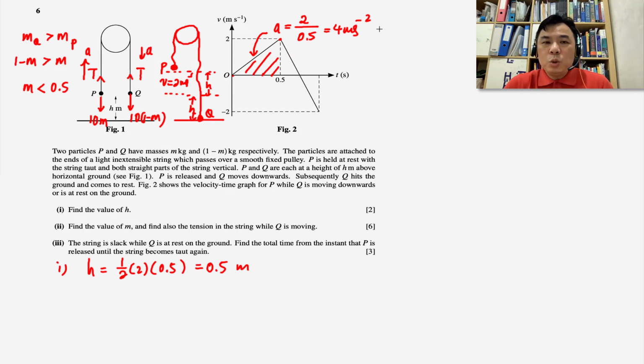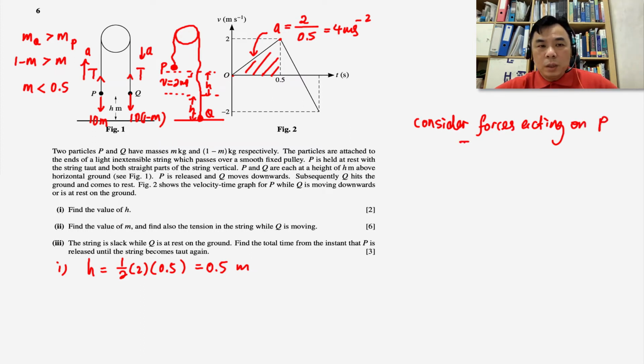And then, as usual, we can set up the same Newton's second law for the second question here. I'm going to start off by considering forces acting on P. Forces acting on P, that will be T minus 10M must be equal to MA then.